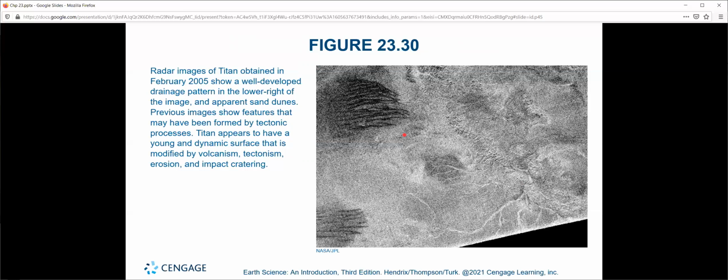Titan may have young and dynamic surface volcanism, tectonic activity, erosion, impact craters, what have you. Essentially, Titan may be undergoing early Earth processes. And if early Earth processes gave us modern Earth life, maybe something like that's happening on Titan as well.